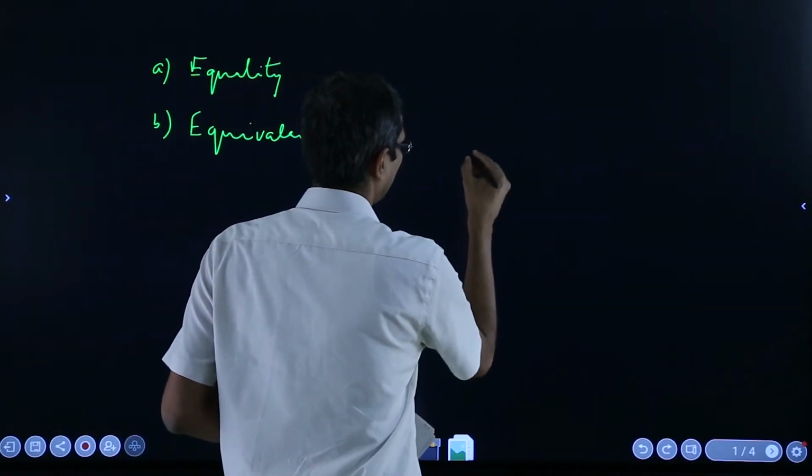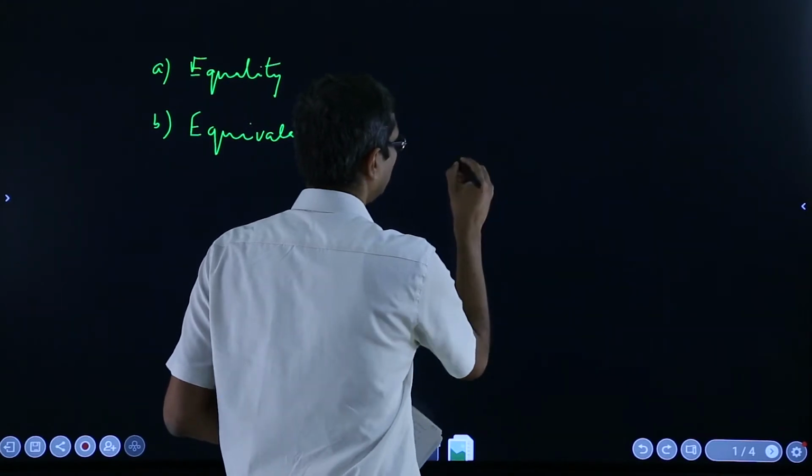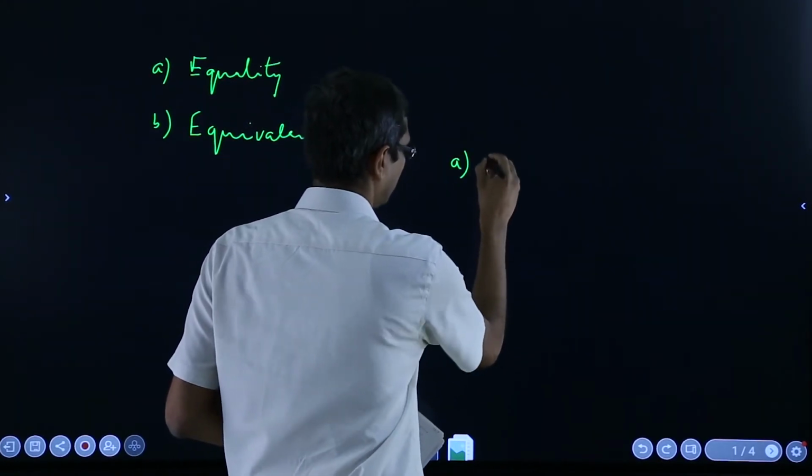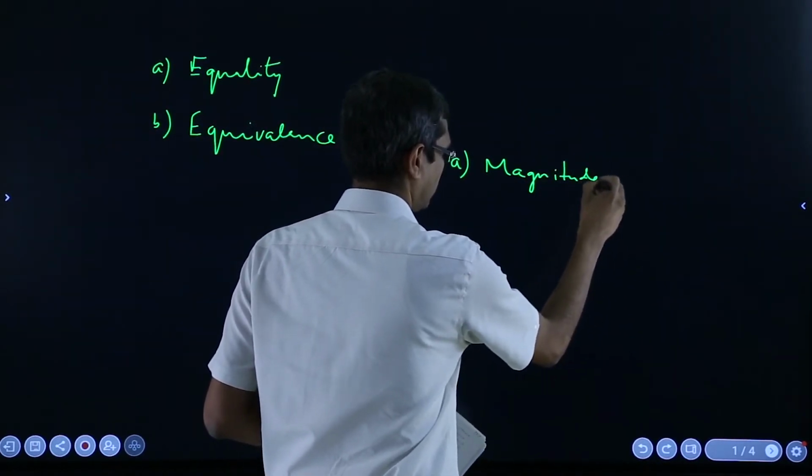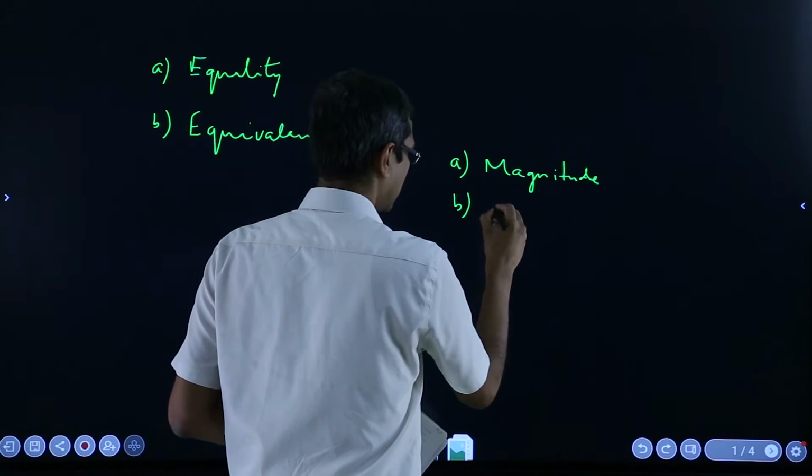You say that a vector is a quantity which should have a magnitude, a direction.